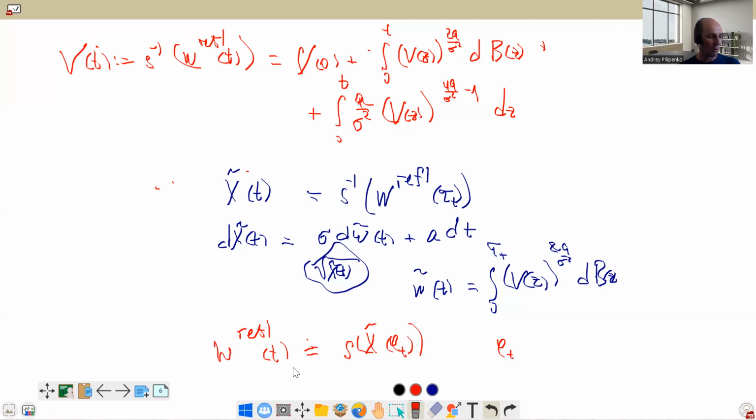So let me write the formula. So this is the inverse function of tau.